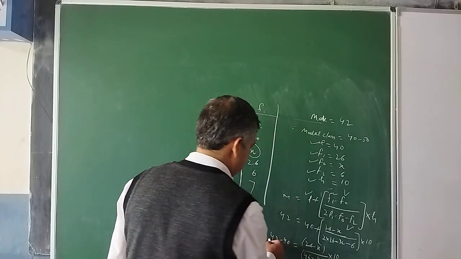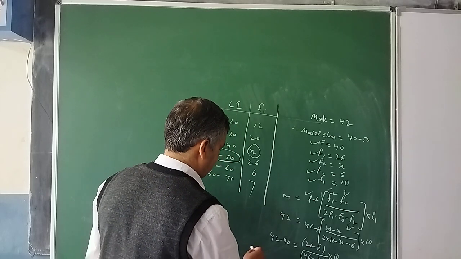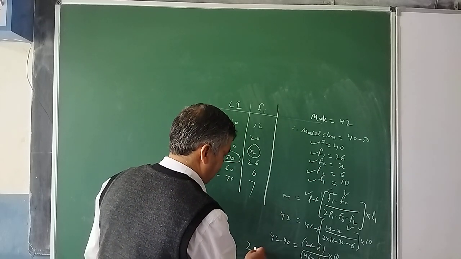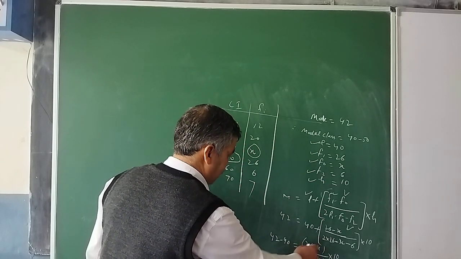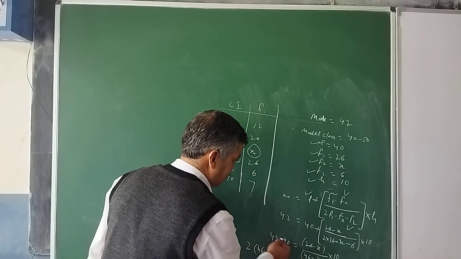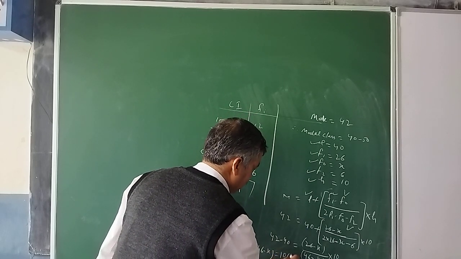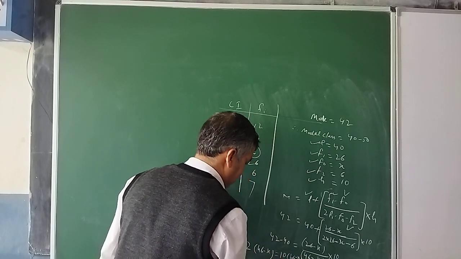So 42 minus 40 will make it 2, and by cross multiplying, 2 into 46 minus X will be equal to 10 into 26 minus X.